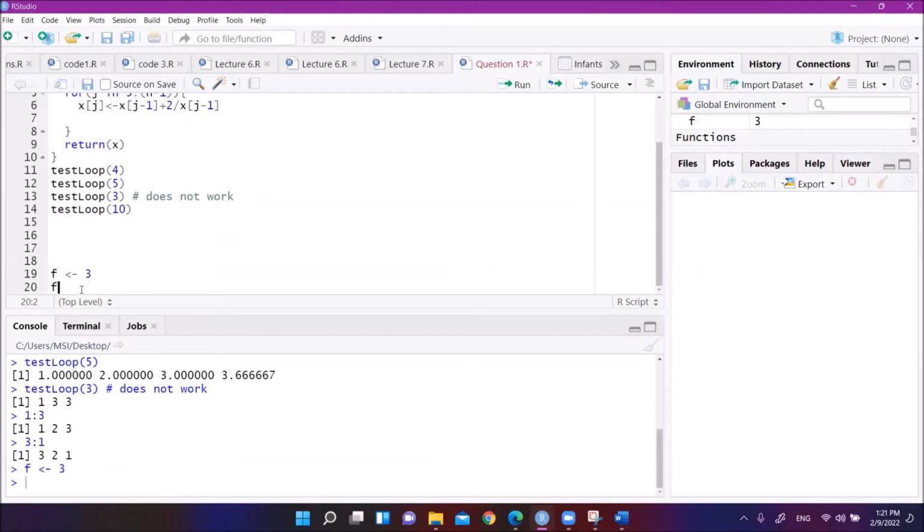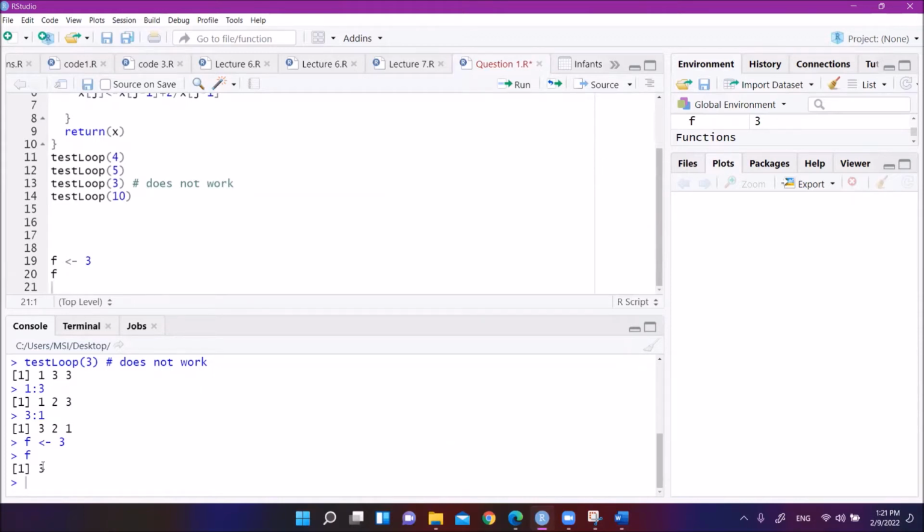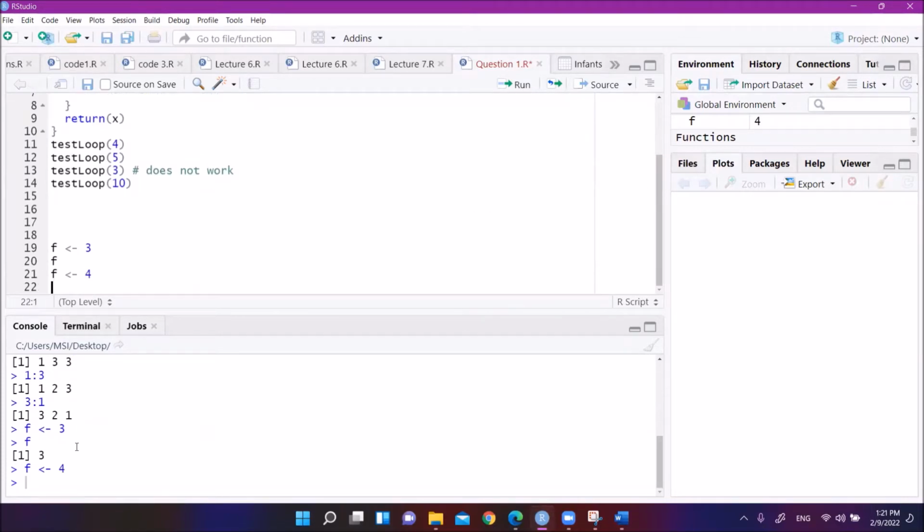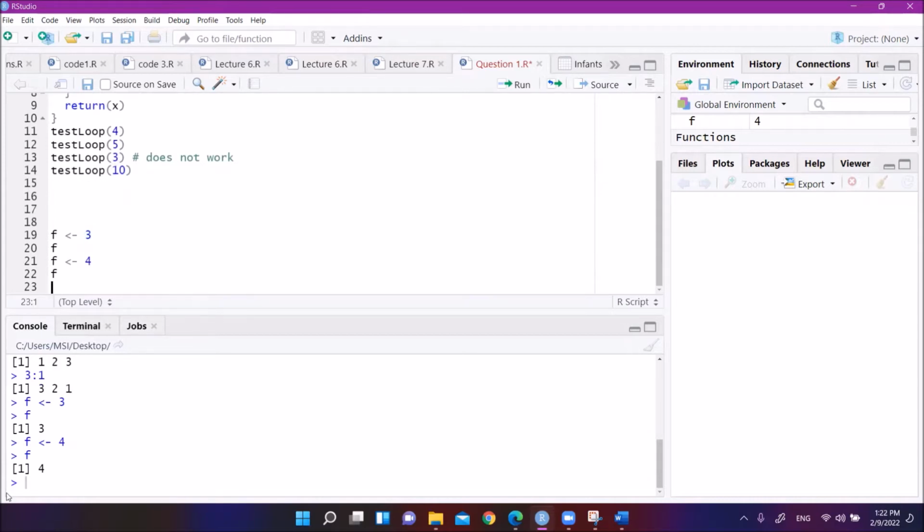When we print f, it gives us the value 3. For the same thing, I can give another value. So this is what you call overwriting or updating. When I run this line, f is no longer 3. When you run this line, see, it is 4.